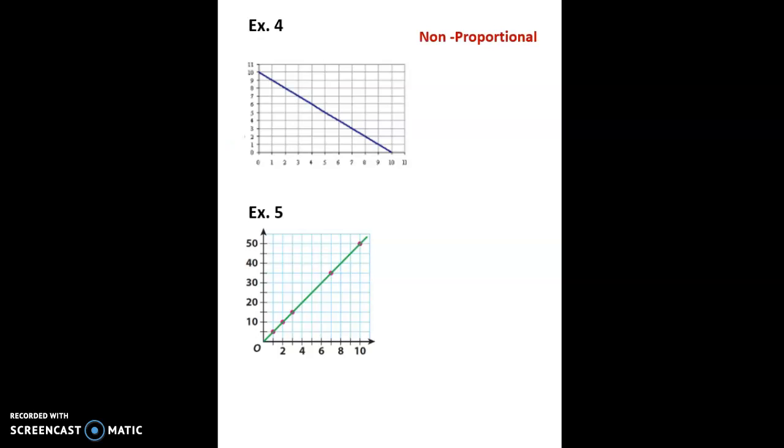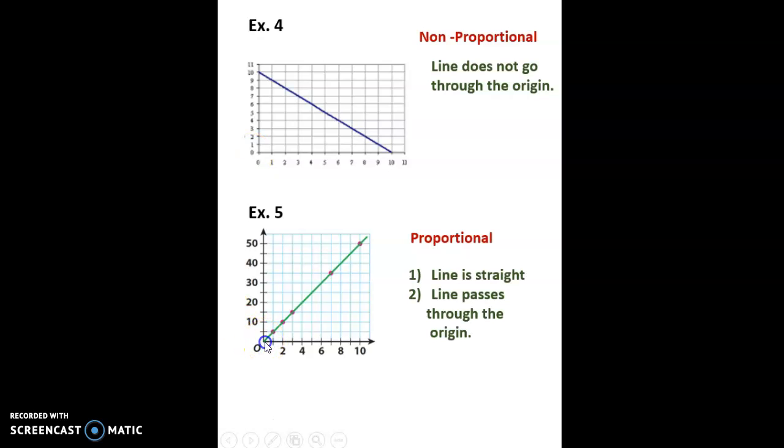Now this one can be tricky because it is straight, but the line's going the wrong way. It has to go through 0, 0. It has to touch this point right at what we would call the origin. Okay. Example 5. Yes, it is proportional because it's straight and it touches the origin 0, 0.